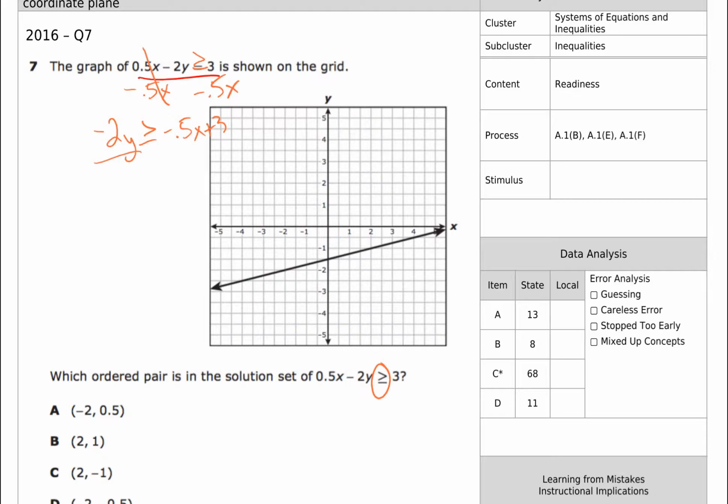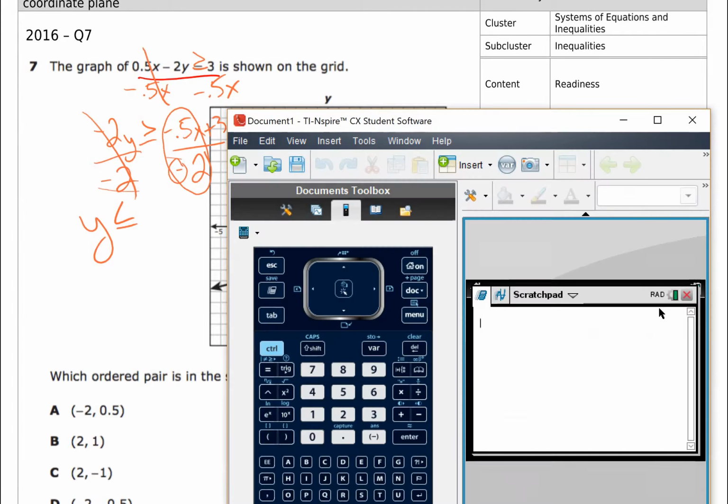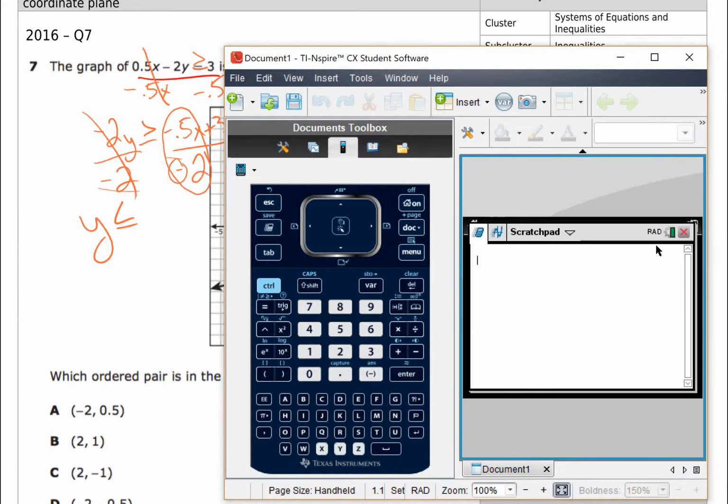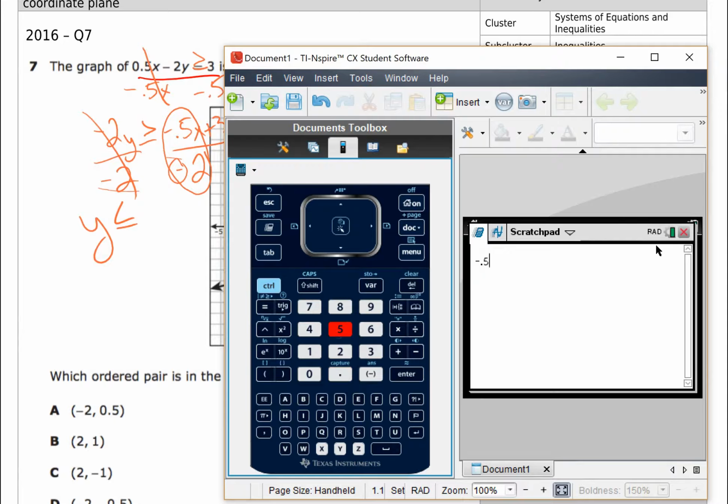Divide by negative 2, divide by negative 2. Y. And when we divide by a negative, it flips the inequality. Y is less than or equal to. And then we divide this way. If you're decent with fractions, that's no problem for you. If you're not, you need to get your calculator and do negative 0.5 divided by negative 2.